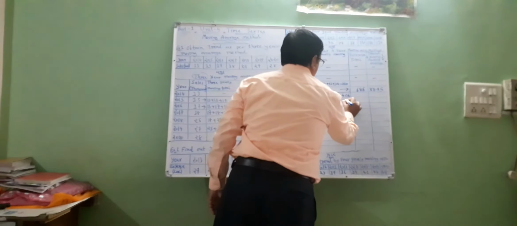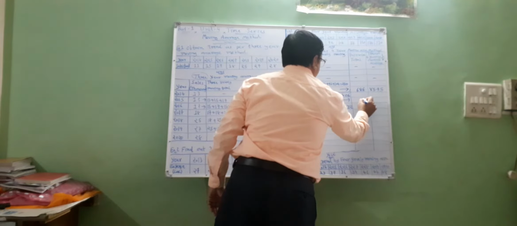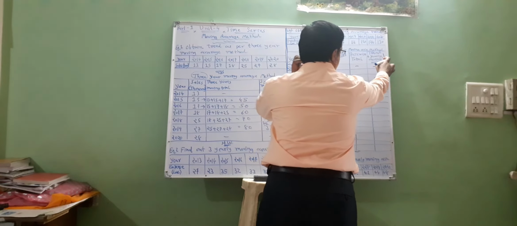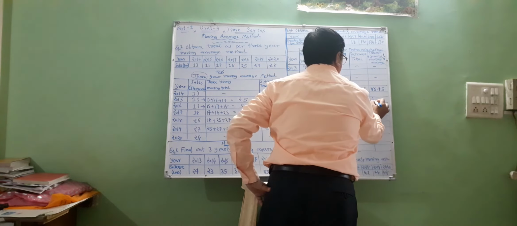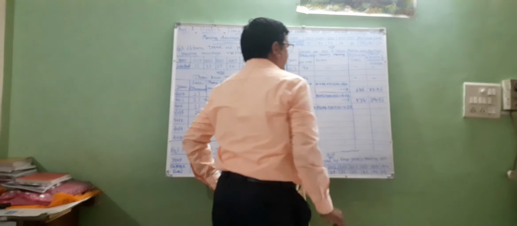Now pairwise total of these two, taking gap here, 862. Now divide this by 8. So 107.75.